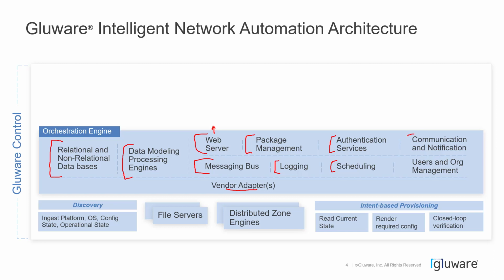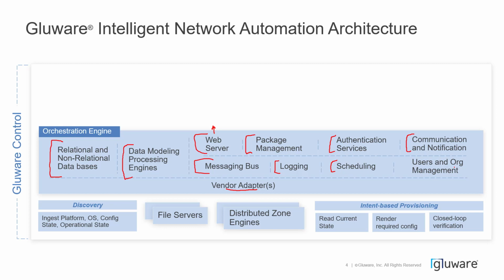From a communication and notification standpoint, we have an integrated email server that will allow you to email out reports and messages and other things that you're scheduling. We also have syslog integration where Gluware can catch syslog messages and associate those with things like configuration changes. Gluware is a multi-tenant architecture.